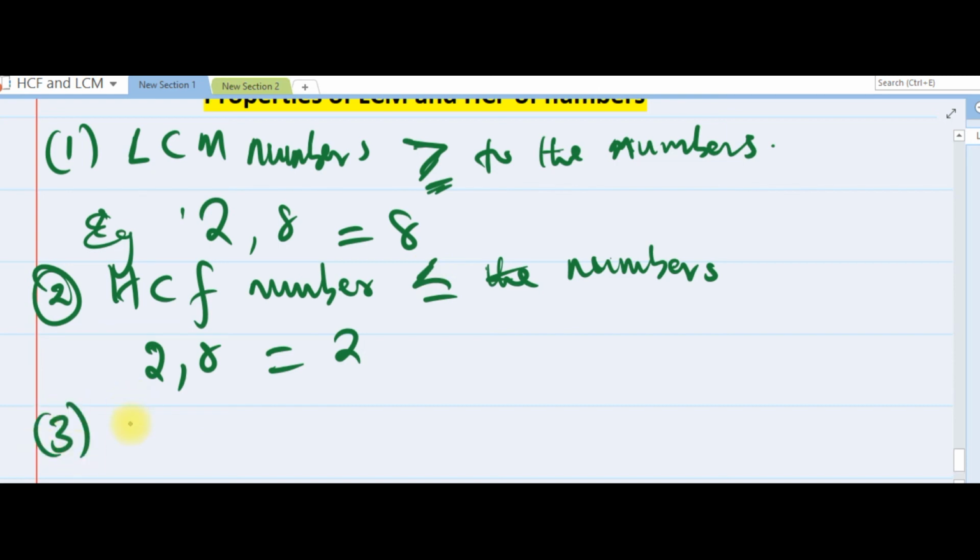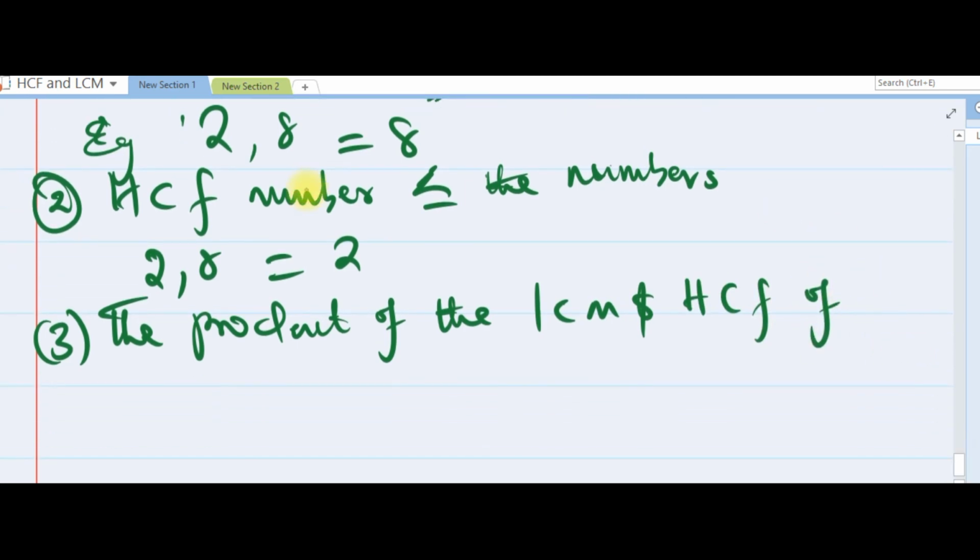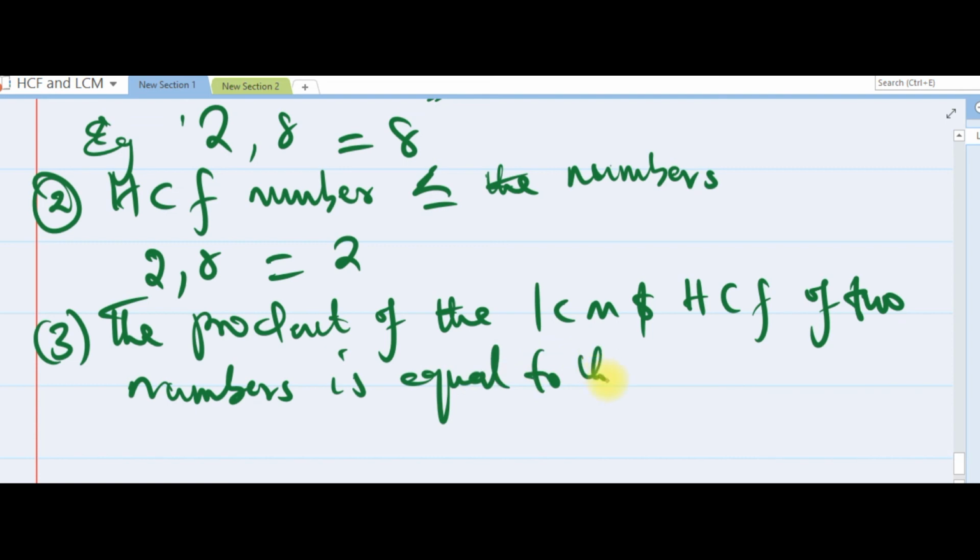The third one: the product of the LCM and HCF of two numbers is equal to the product of the numbers.